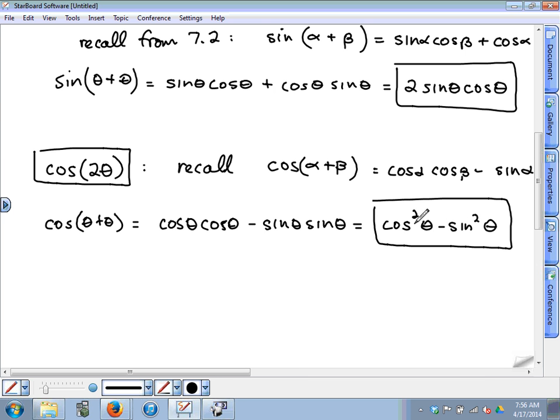Take a second, mess around with these a little bit, and see if you can come up with an alternate form. There's actually 2 more forms of this that we need to come up with. See if you can use those Pythagorean identities where cosine squared equals something, sine squared equals something. And we need to come up with 2 more forms. What do we come up with?